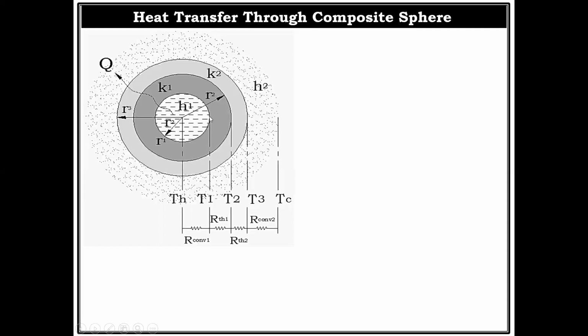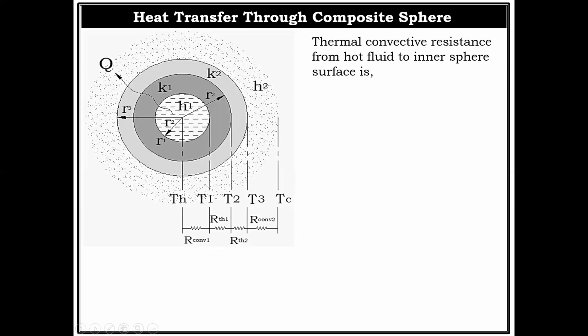Then from the inner surface to the outer surface of the inner sphere, there will be a conduction resistance, R thermal 1. Then for the outer sphere, from inner to outer, conduction resistance R thermal 2, and from the outer surface of the sphere to the surrounding fluid, again heat transfer by convection, so convection resistance 2. So this will be the electrical analogy.